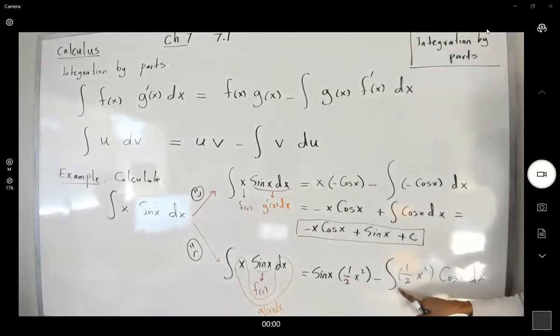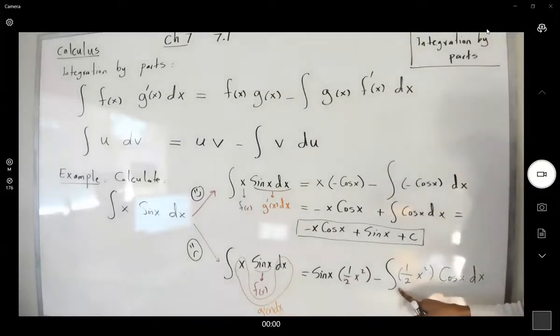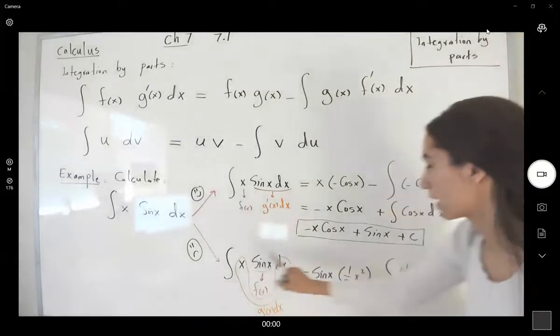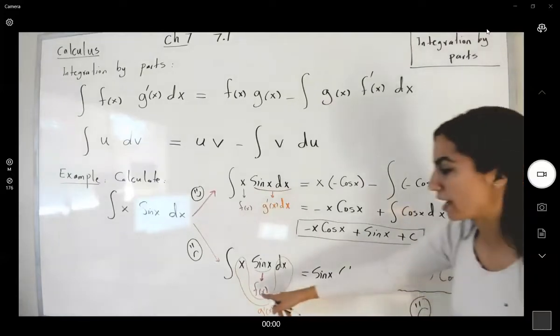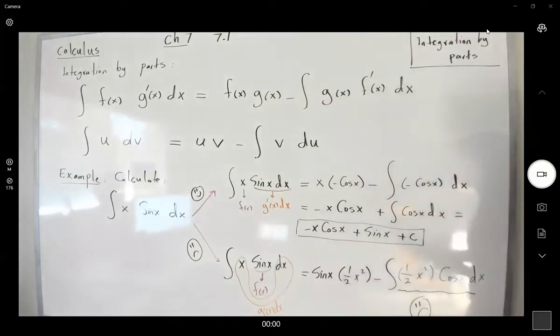Now, as you can see, I increased the exponent of x inside the integral, which makes it more complicated. By selecting a wrong f and g prime, you get a more complicated, more complex integral.